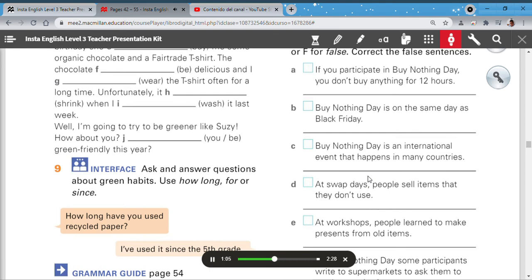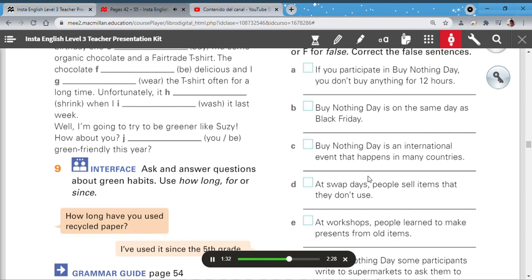So it doesn't just happen in North America. No, there are Buy Nothing Day organizations in many countries, including the UK, Japan, New Zealand, and Spain. Can anyone take part? Yes, anyone can participate. They just have to commit to buying nothing for 24 hours. In many places, people also organize events to celebrate the day and provide an alternative to shopping.